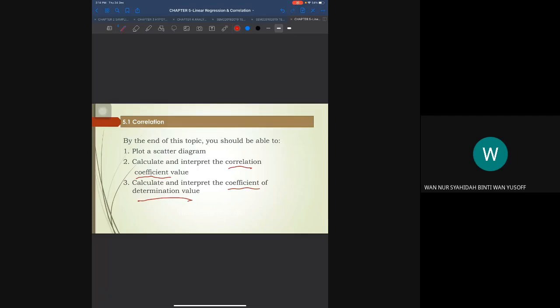Some students know the notation, but they don't know the terms. When we say coefficient of determination, they don't know whether it is R or R square, and they end up giving it all up. It will be complicated later when I mark your assessment. Okay, scatter diagram.